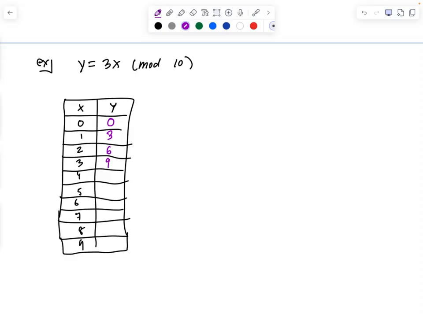Now continue to add 3. We're at 2 now, so the next number would be 5. Then 8, then 11, which we kept as 1.